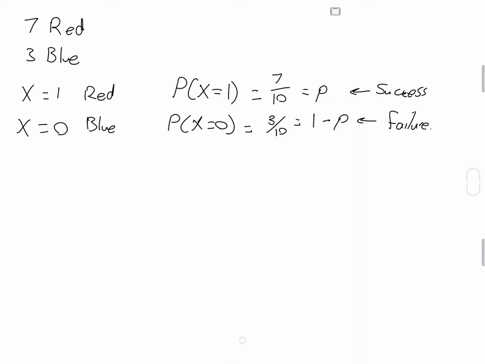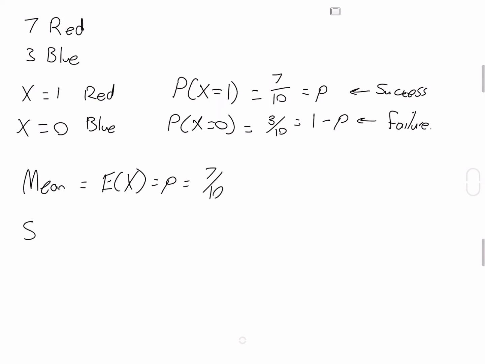So next part is let's find the mean and standard deviation of x. So the mean, or our expected value in this case, is just equal to p, which is 7 out of 10.